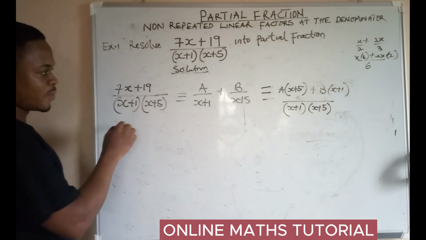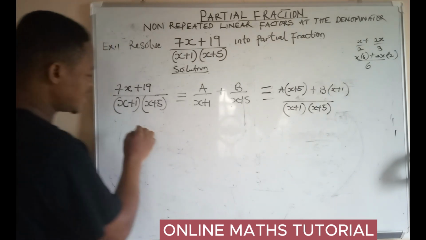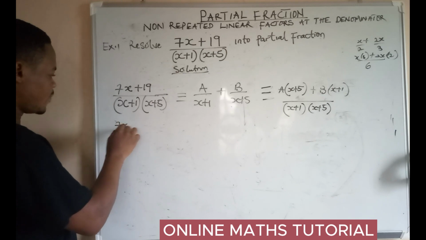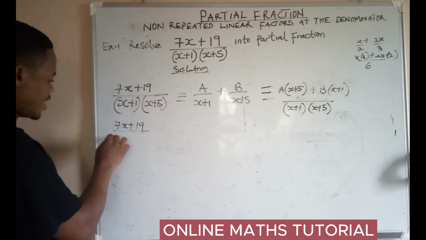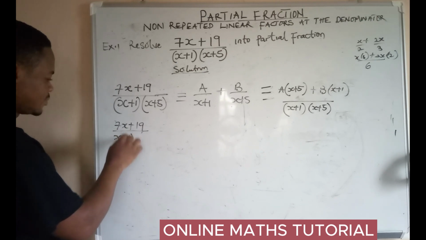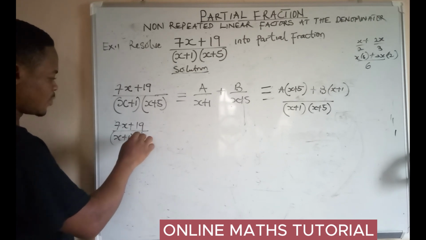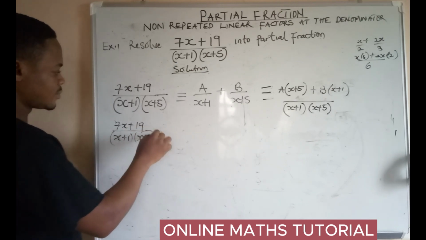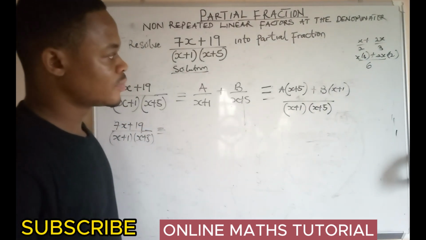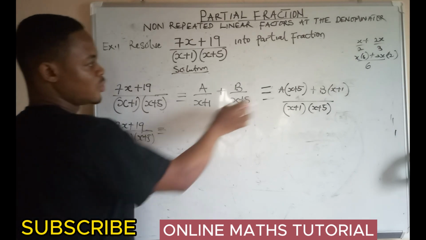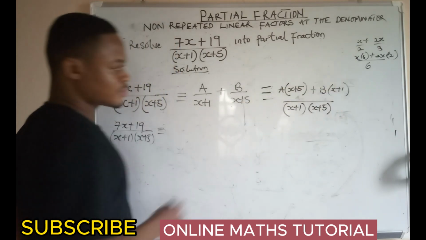So this is equivalent to 7x plus 19 all over x plus 1 into x plus 5, which is equivalent to, open up this bracket.